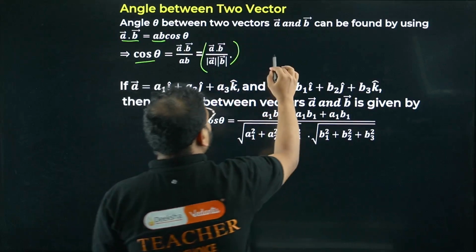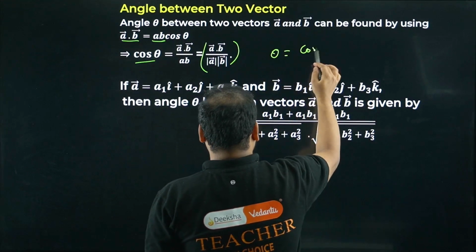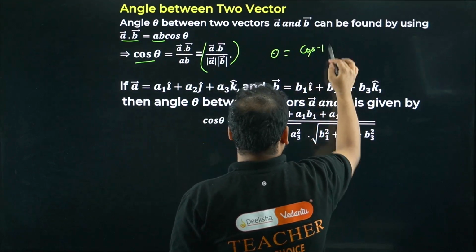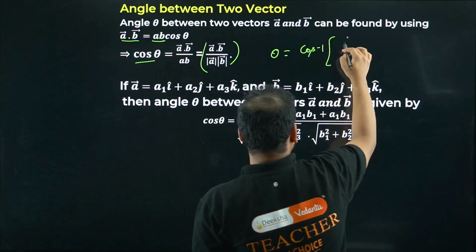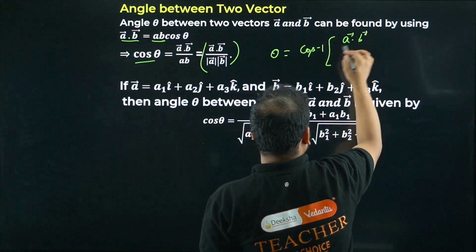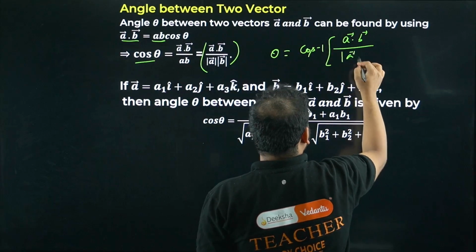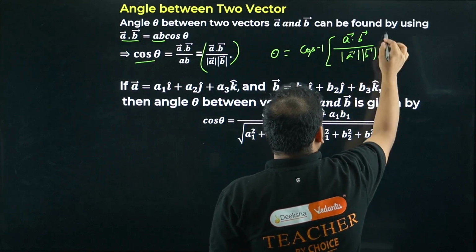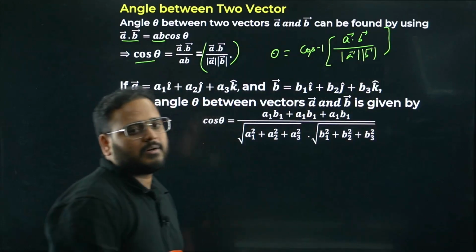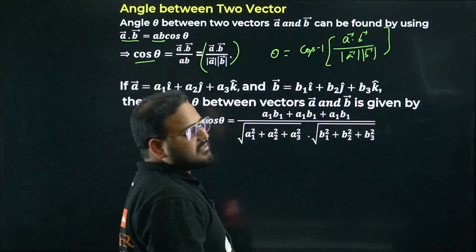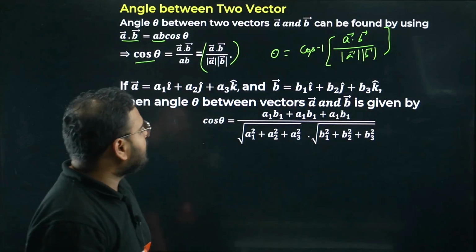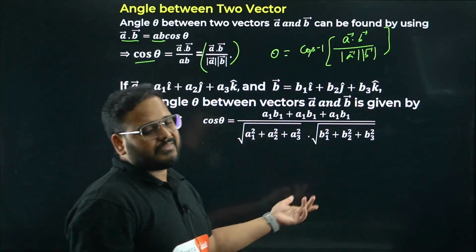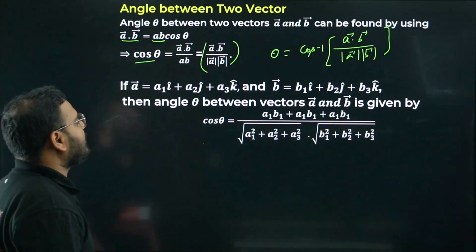So theta will become cos inverse of this expression. Again, if you want to write this angle with respect to the components in the direction of x, y, z, what do you get?